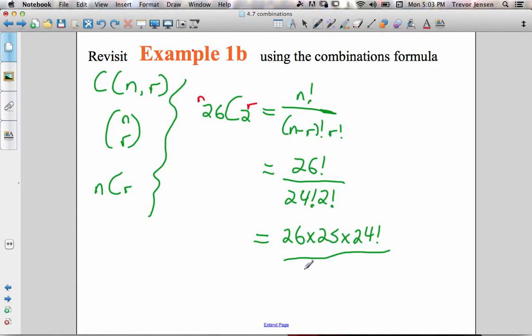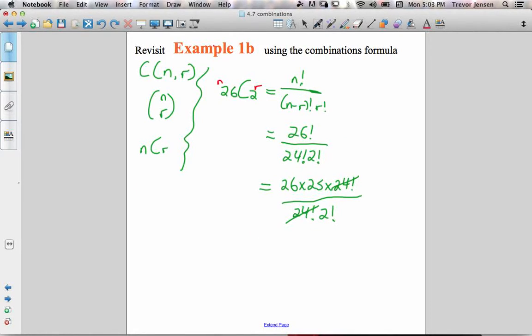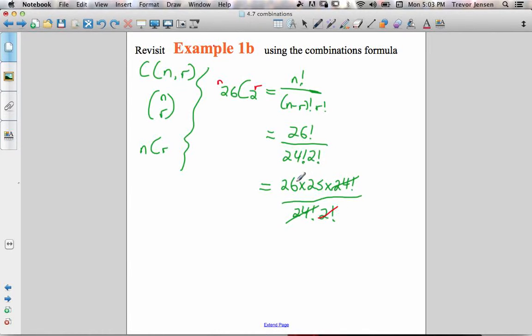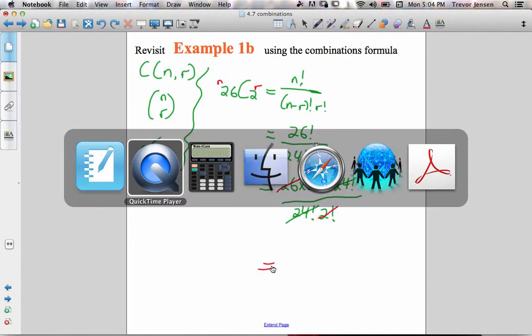And on the bottom, I have 24 factorial times 2 factorial. Now these 24 factorials will cancel out. I could also simplify 2 factorial, which is just equal to 2, because 2 factorial is 2 times 1. So 26 divided by 2 would be 13. So really all I have to do is 13 times 25.